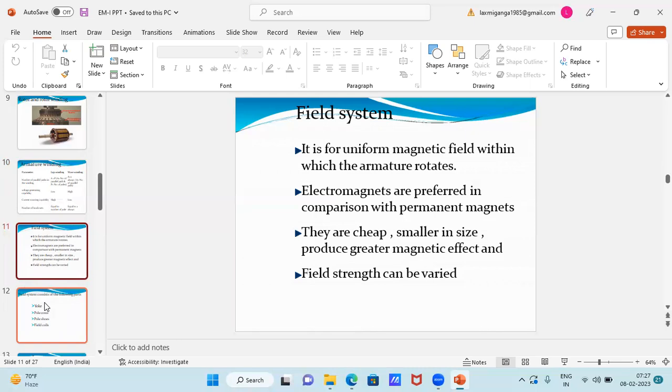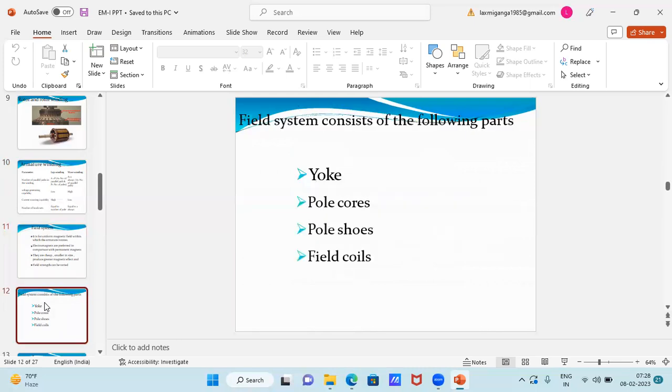They are cheap, smaller in size, produce greater magnetic effect, and the field strength can be varied. The field system consists of the following parts: yoke, pole core, pole shoe, and field coils.